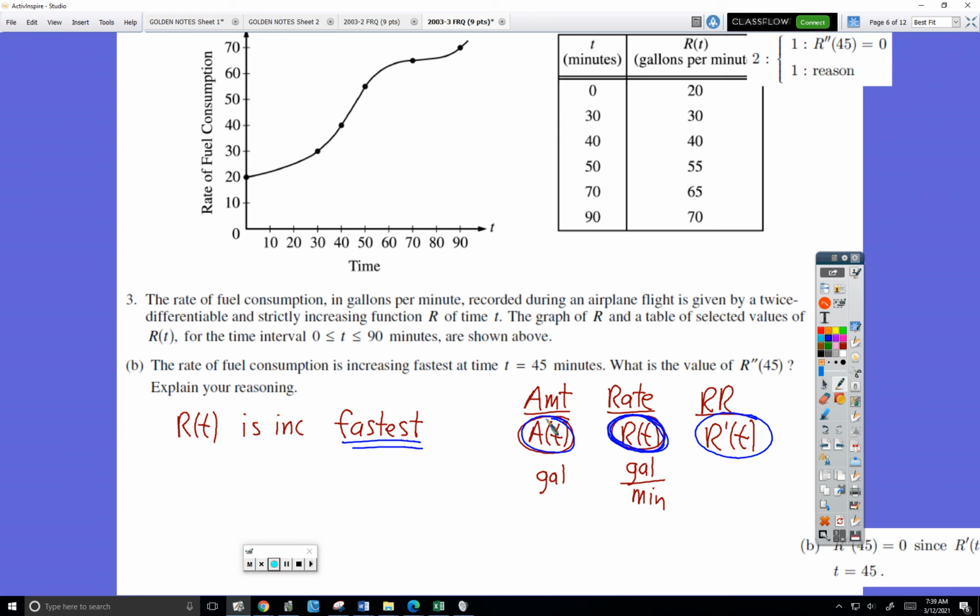So they're saying that R prime is greatest at time equal 45, because that's where R of T is going up fastest. And R prime tells me how fast R of T changes. So when R of T is changing fastest, that's where R prime is greatest. Does that make sense?